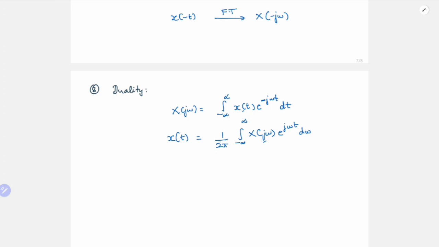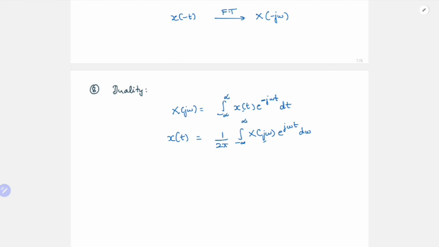And we have this 1 by 2 pi difference. So there is not much difference in deriving x of t from x of j omega, or if we are given x of t and asked to find x of j omega, again we are going to integrate using e power j omega t or e power minus j omega t as required by the equation, right?